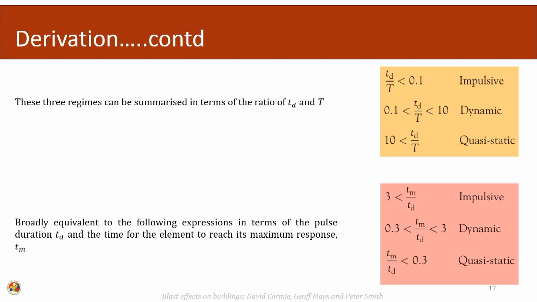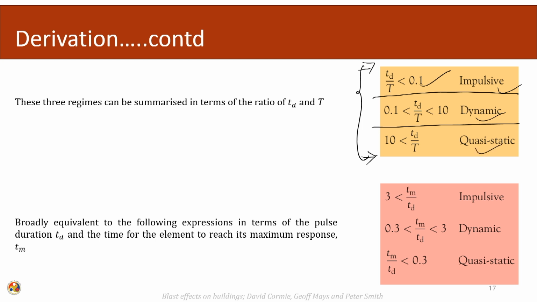Then we can break down the regimes depending upon the ratio of the two times. These are not set in stone, but depend upon the response of the structure. Using these ratios we can get an idea whether it is falling in the impulsive regime, dynamic regime or the quasi-static regime.